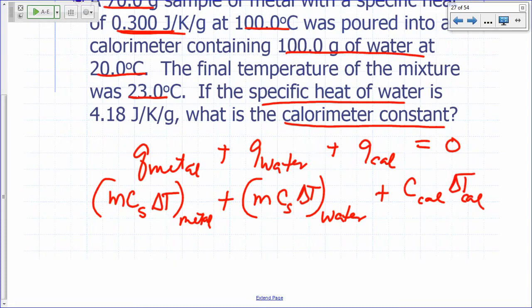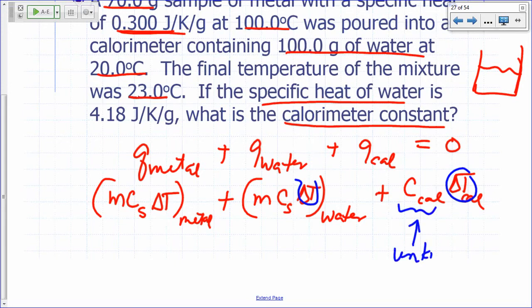What's delta T for the calorimeter? That's the same as the delta T for the water, because initially you have your water in your calorimeter. And you know all your delta T's, you know all your masses, you know your specific heats. What's the only unknown here? This one is your unknown, and this whole thing is equal to 0. How do you solve for your unknown?